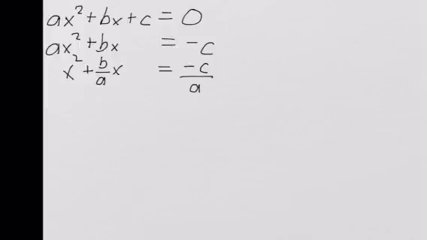And now, I'm going to go ahead and complete the square here. On the left-hand side, I'm going to leave it as b over 2a squared. On the right-hand side, I'm going to actually go ahead and square it.